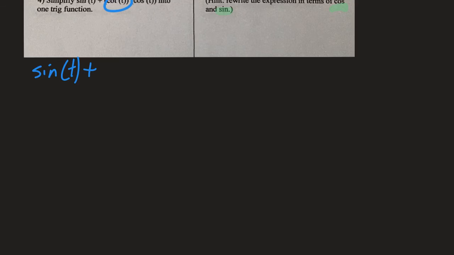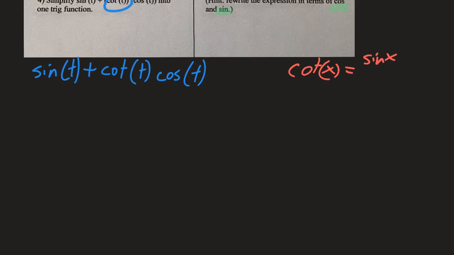So let's rewrite the problem. And go ahead and go to your formula chart and see if you can find a formula that will replace this cotangent with a sine or a cosine. So if you look at your formula chart, under the tangent and cotangent identities section, you should find that the cotangent is equal to the sine divided by the cosine, okay?